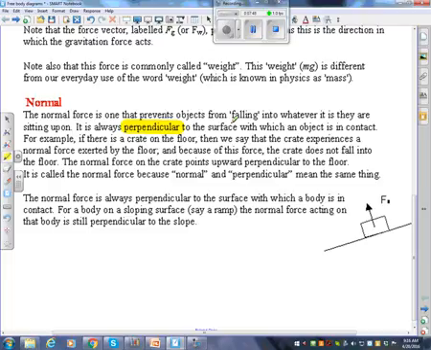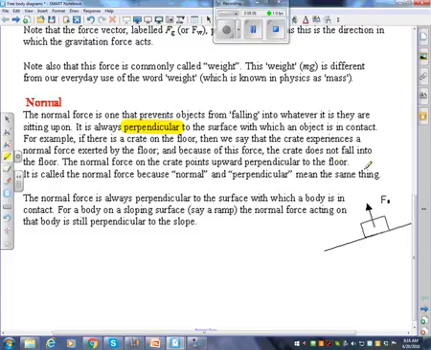For example, if there's a crate on the floor, then the crate experiences a normal force exerted by the floor, and because of this force, the crate does not fall into the floor. The normal force on the crate points upward, perpendicular to the floor. It's called the normal force because normal and perpendicular mean the same thing.